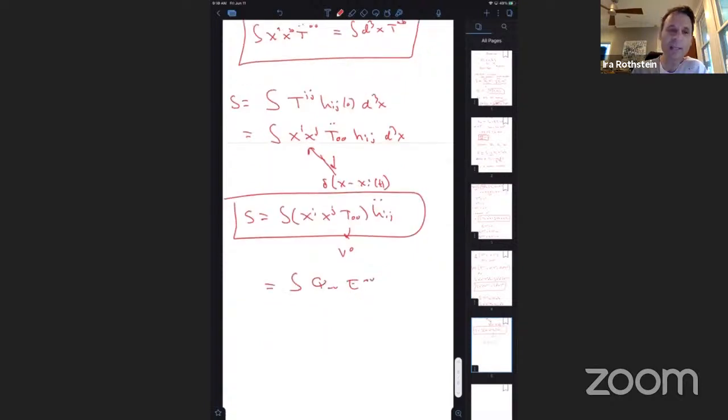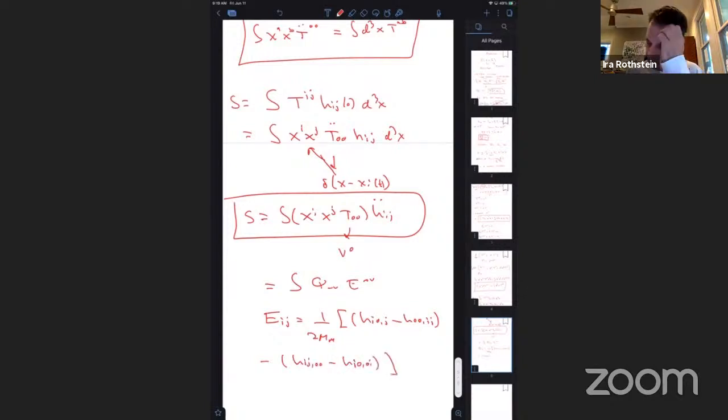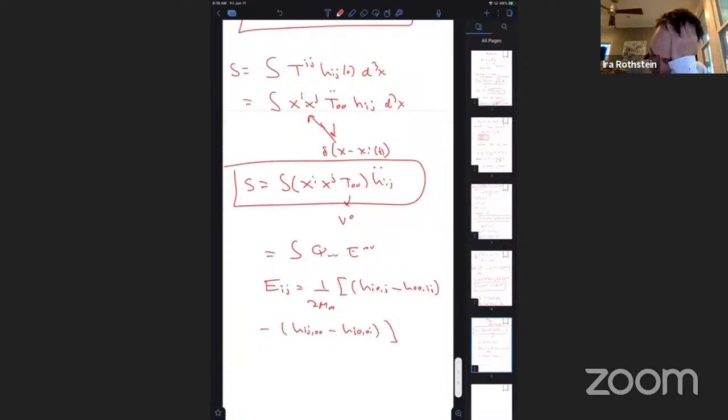Well, if we look at the linear piece of E, so E_{ij} at linear order, it looks like that. And so this coupling, this is going to contribute to one of these terms, and we can pick out that contribution, which is just here.